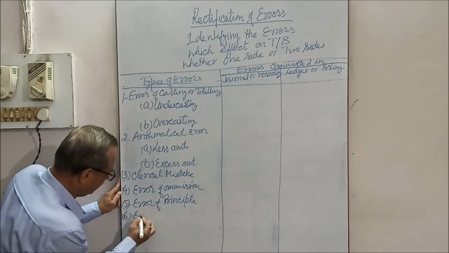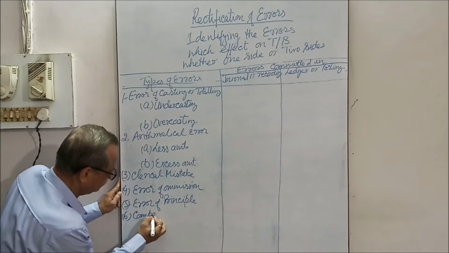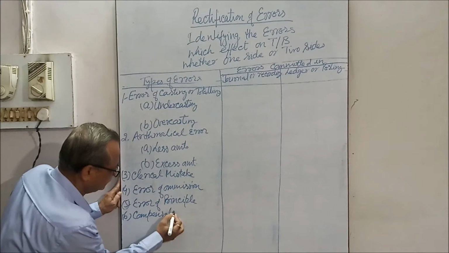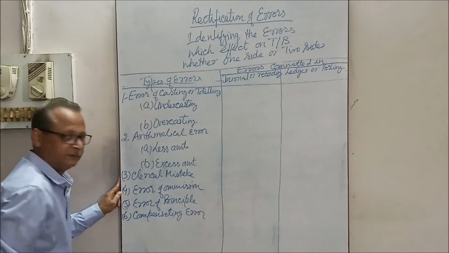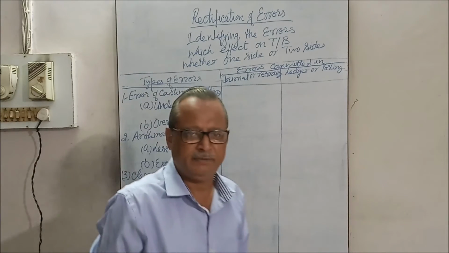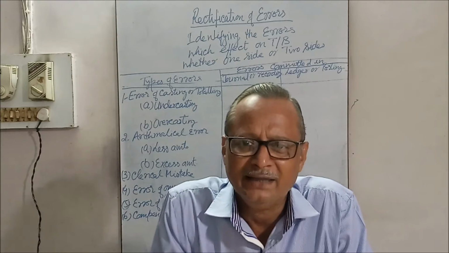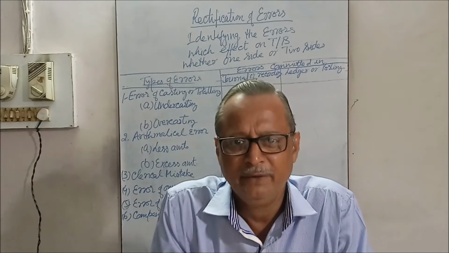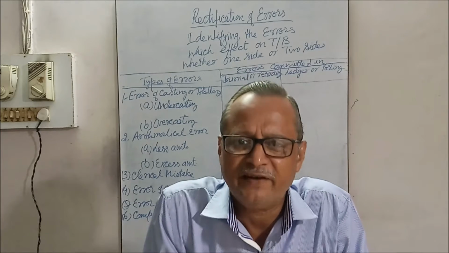And sixth is called compensating error. This compensating error means an error which is nullified by another error. It means both compensate each other. That will not affect the trial balance.